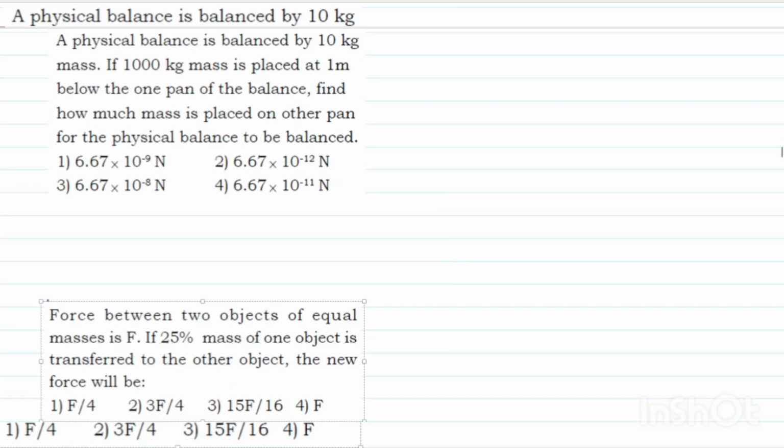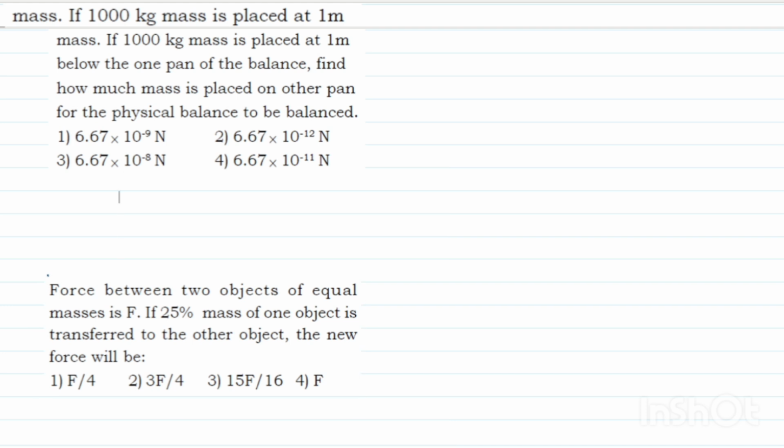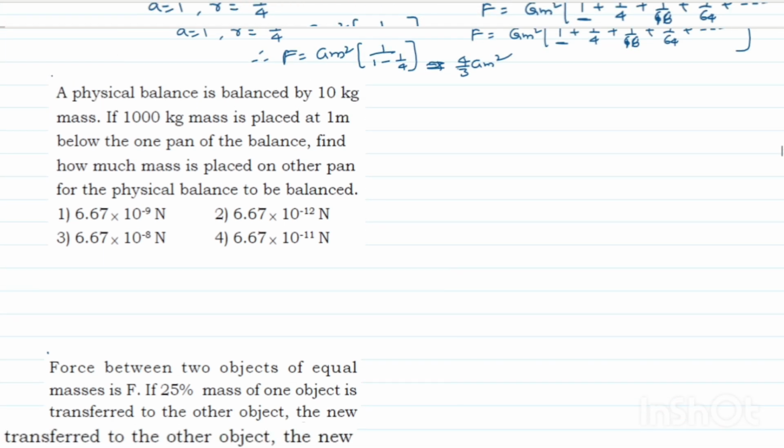So next, let us see the next question, students. Here a physical balance is given, and it is balanced by 10 kg mass.